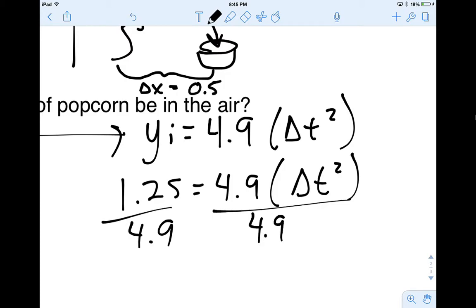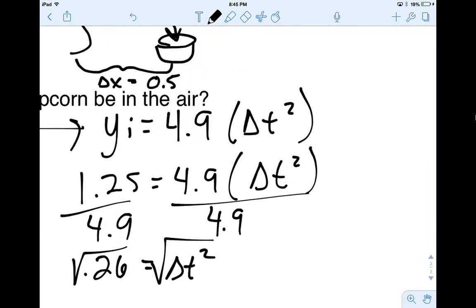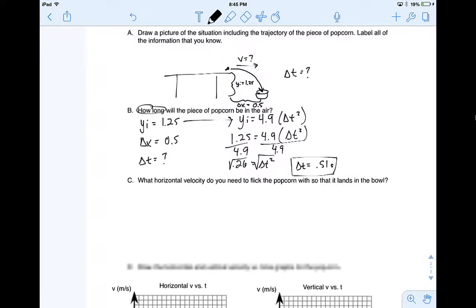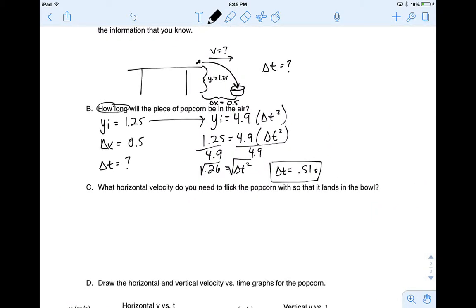On my calculator, 1.25 divided by 4.9 is about 0.25510. I'm going to call it 0.26, but I'm leaving it on my calculator. Then I square root both sides, and I end up with delta t equals the square root of 0.26, which is 0.51 seconds. Cool.